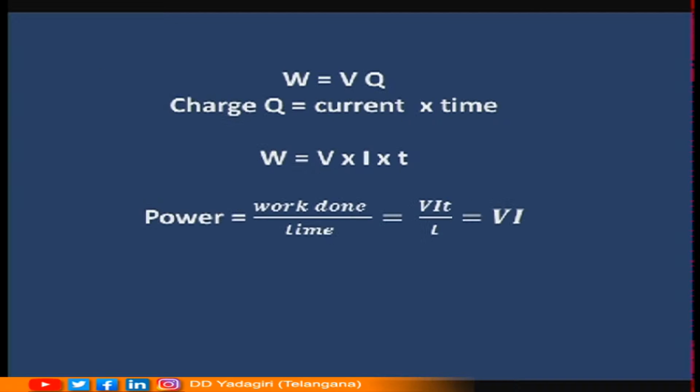So, work done is equal to VQ and charge Q can be written as current into time. Substituting, we get work done is equal to VIT. So, power is equal to work done by time. So, substituting the values, we get VIT divided by T, T gets cancelled and power is given by VI.